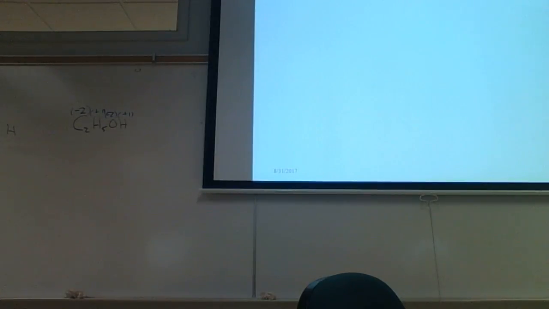What's the formal charge on carbon? 0. How did you determine it's 0? A lot of people tell me the formal charge is the number of bonds minus this, minus that, divided by 2, right?